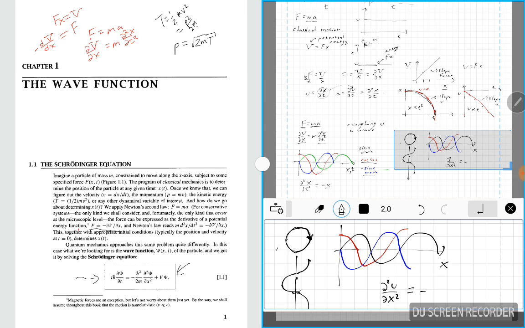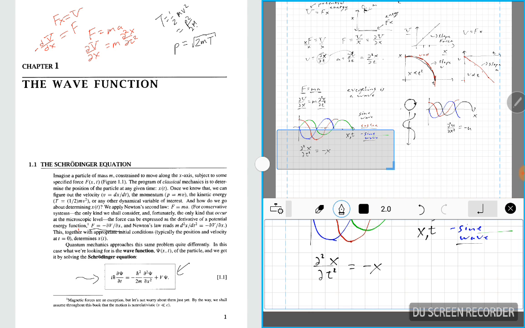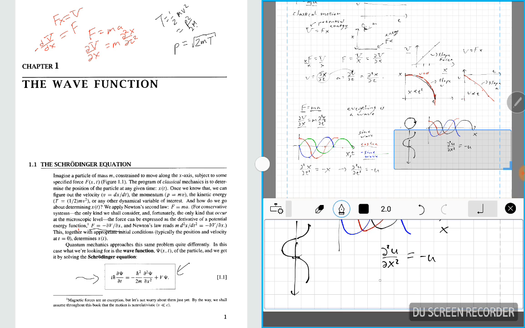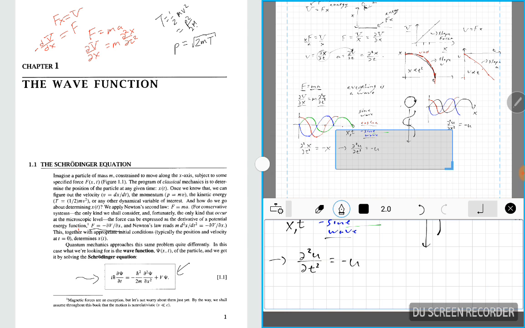I'm just going to call it u. So here, let's call this one u as well. I have that the second derivative with respect to time equals negative u. Over here, I have that the second derivative with respect to position is negative u.